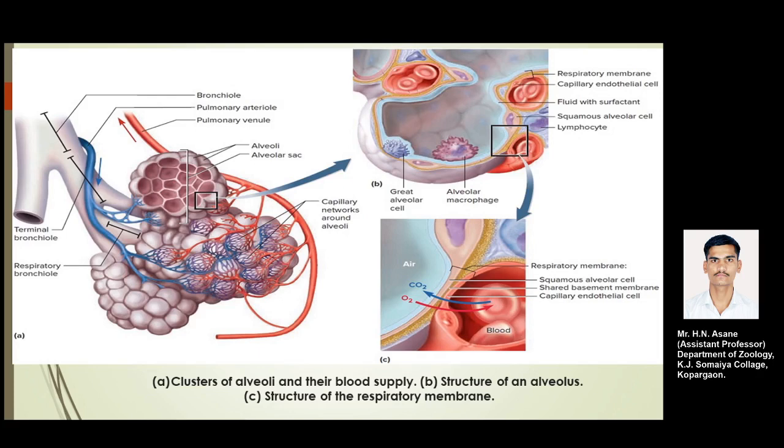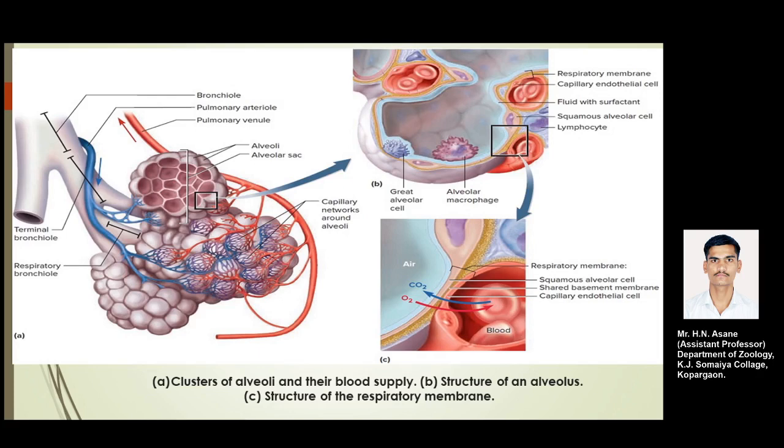In the inhaled air the concentration of carbon dioxide is less, and in the deoxygenated blood the concentration of carbon dioxide is more. Then the gas exchange happens over here from the high concentration to the low concentration.